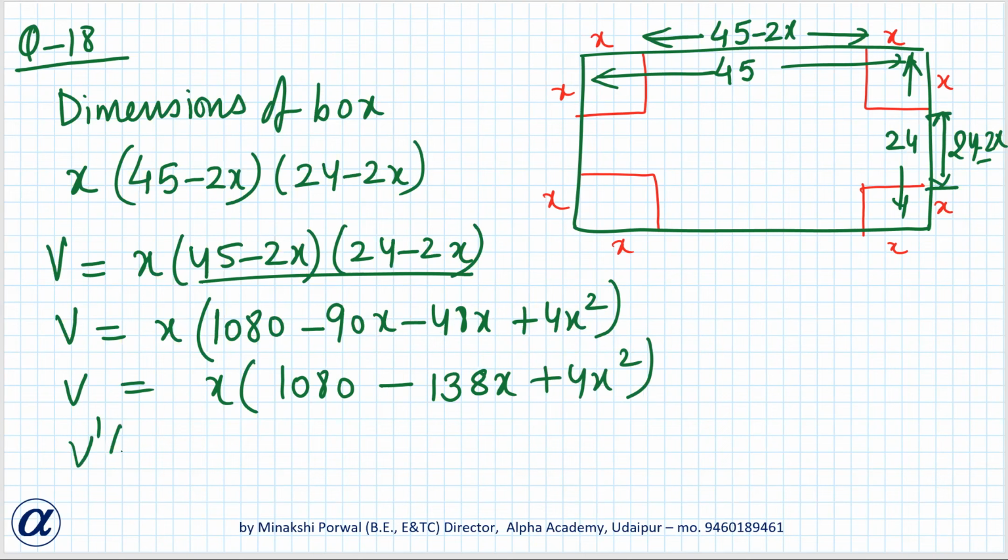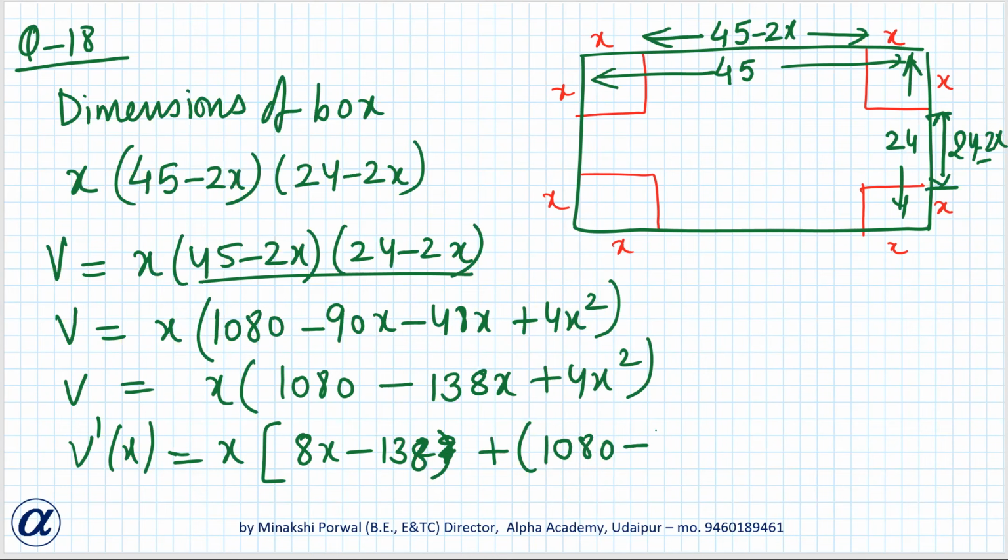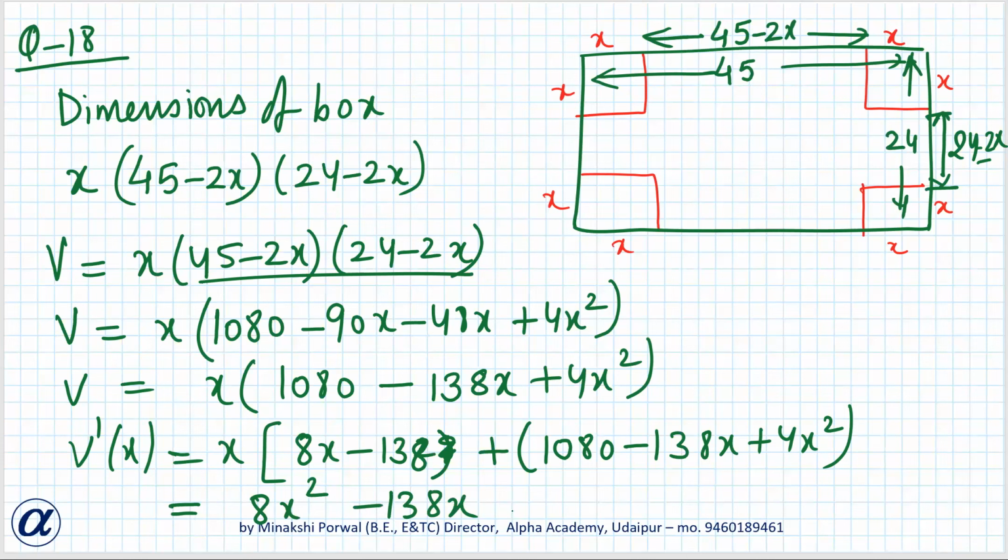Obtaining the first derivative: first into d by dx of second, that is 8x minus 138, plus second into d by dx of first. So this is equal to 8x square minus 138x plus 1080 minus 138x plus 4x square. Putting v dash x equals 0.